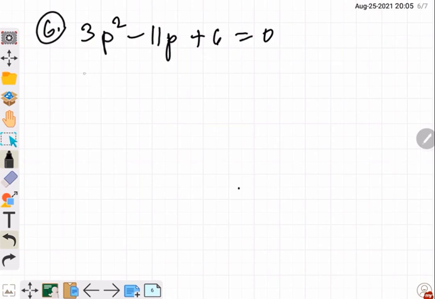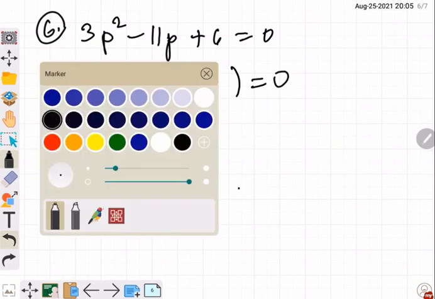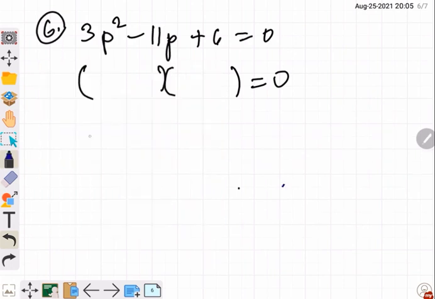So let's try. This becomes like this, as it is a general trinomial. Again, on top are the factors of 3p square, below are the factors of positive 6.